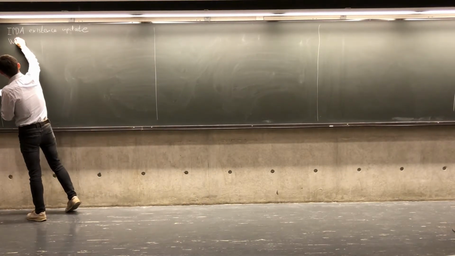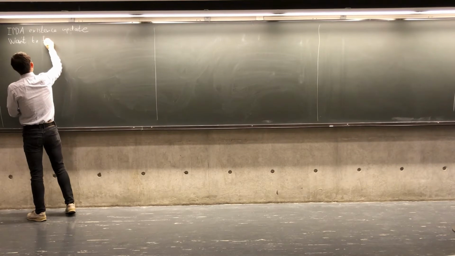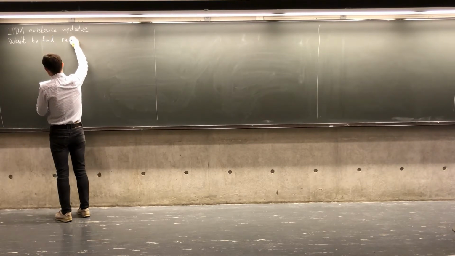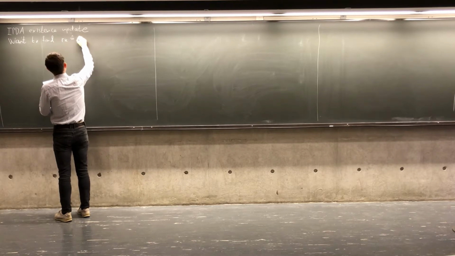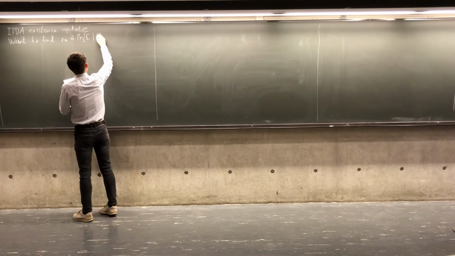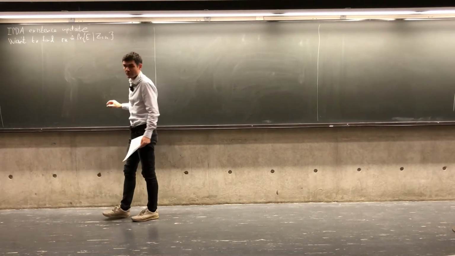What we want to find is this thing I call R, which is the probability of existence given all the measurements. That's what we want to find.